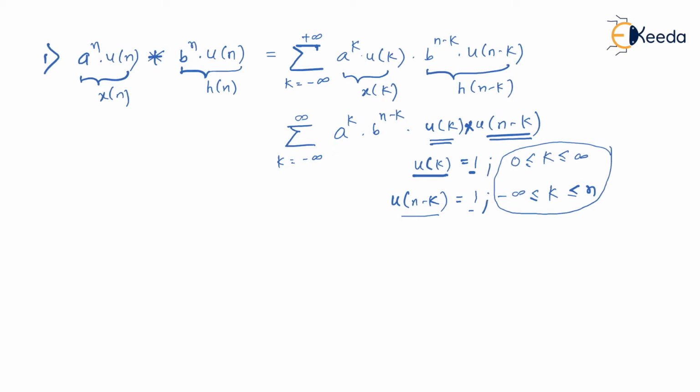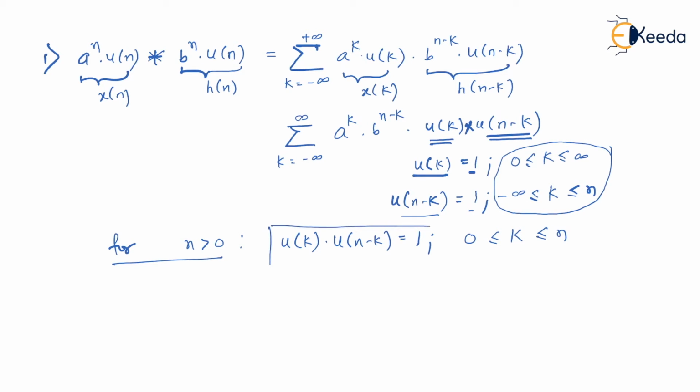So I can rewrite it like this. U of k dot u of n minus k will be equal to 1 only if k is lying between 0 to n. Now this is provided n is greater than 0. So for n greater than 0, I can write it like this. So this common area you can find from this.